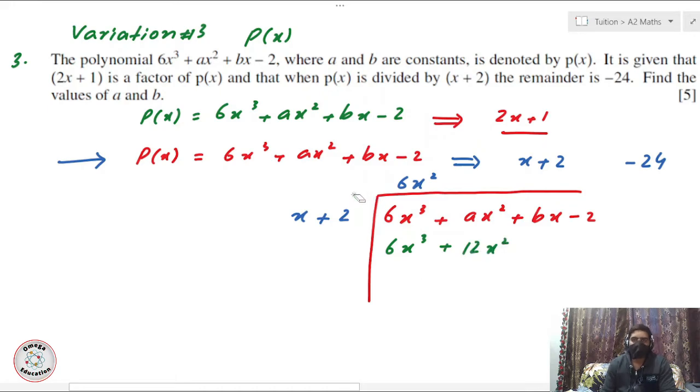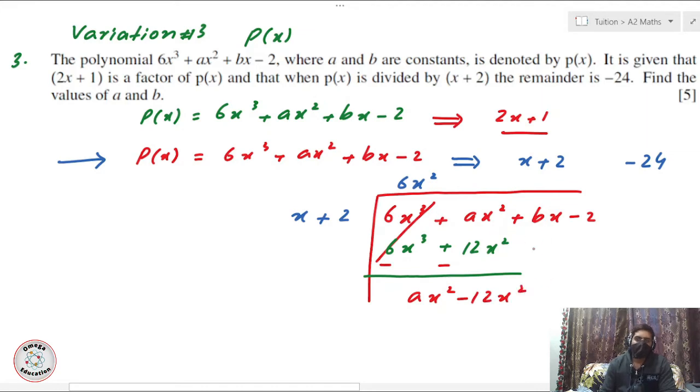Then in the next step you can draw a line over here and reverse the signs, because we have to subtract the two terms. This thing would be cancelled out, and what you're left with is ax squared minus 12x squared.